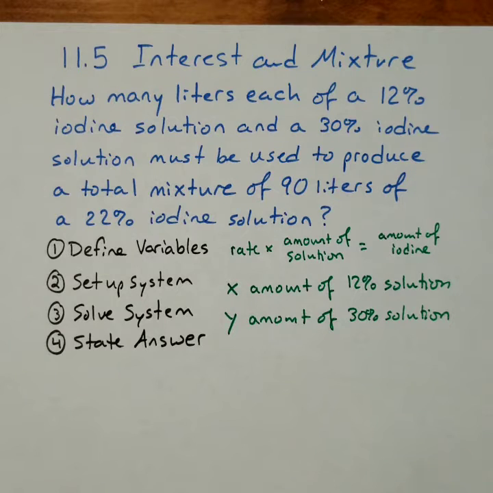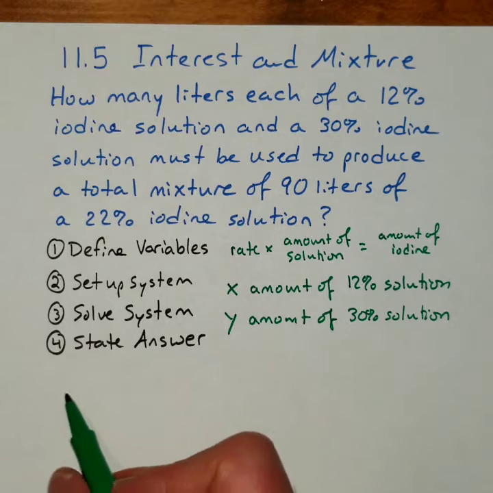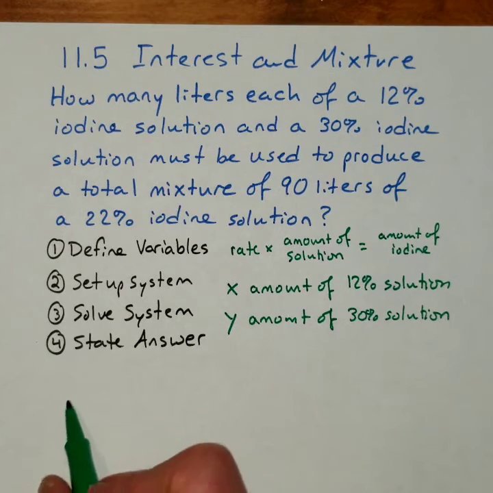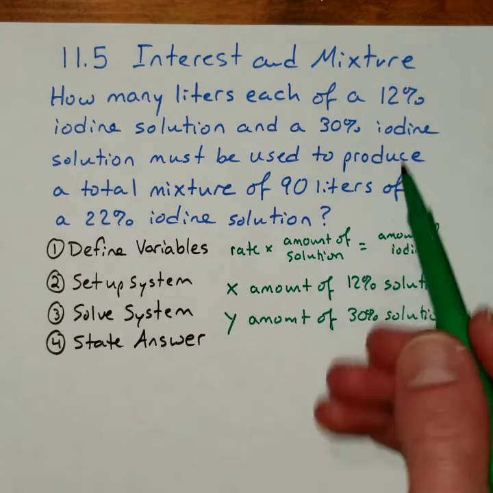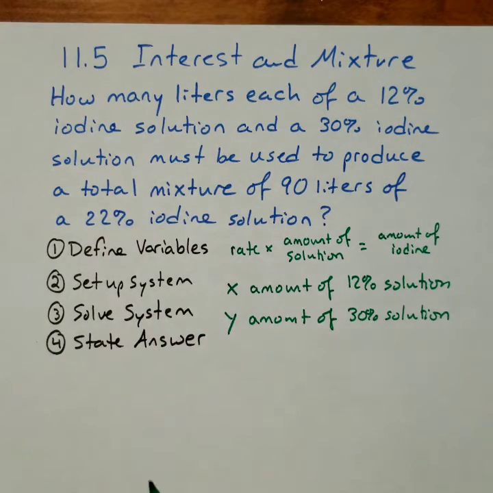Now, just like before, we're going to set up a table to organize our thoughts here. And the table in this case is going to have three different rows because there's really three solutions at play here: the 12%, the 30%, and the 22%.